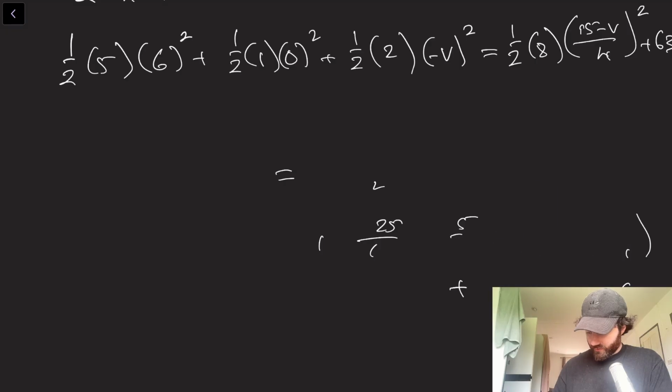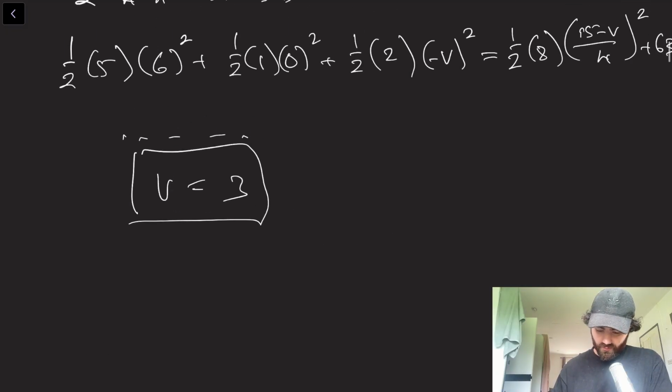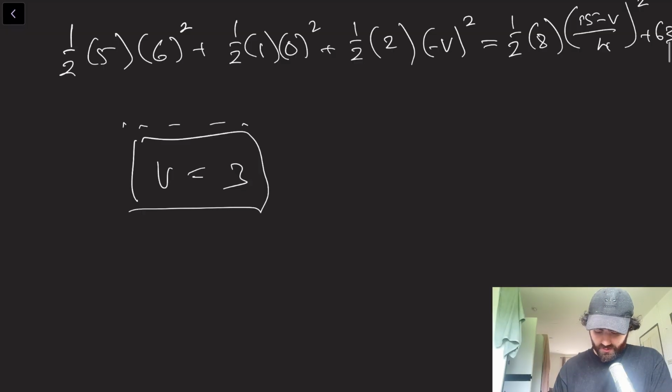We did all of this stuff to get V equals 3. All right, that should be enough. Okay, that's part B, C.